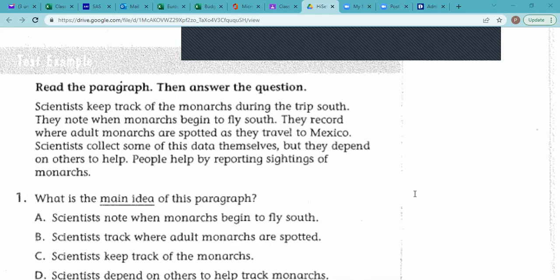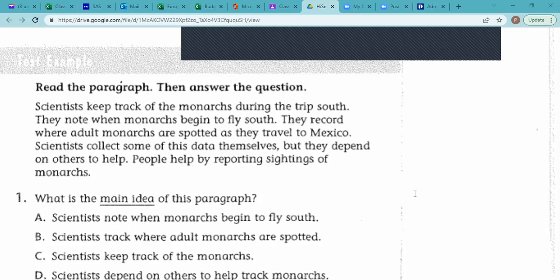Scientists collect some of this data themselves, but they depend on others to help. People help by reporting sightings of monarchs. So the question is, what is the main idea of this paragraph?